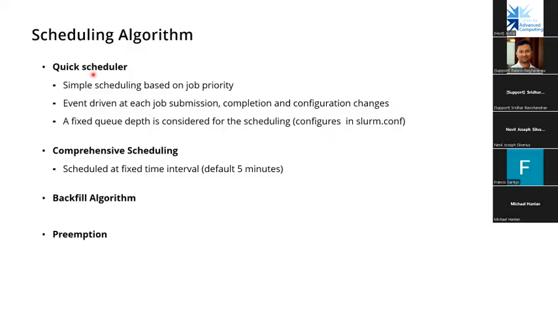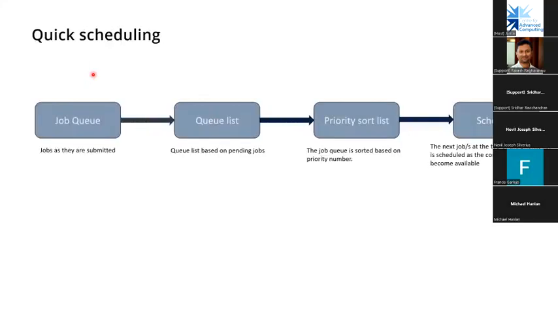Both the quick scheduler and the comprehensive scheduler are completely based on priority. So what essentially happens is there is a big job queue as the jobs are submitted, and a queue list is created based on the pending jobs.